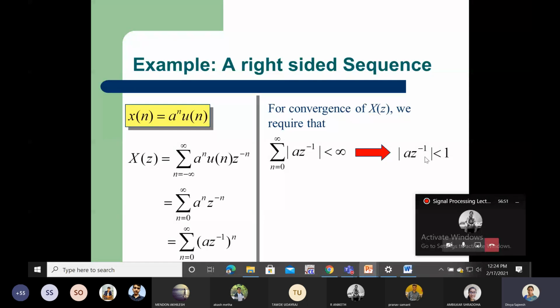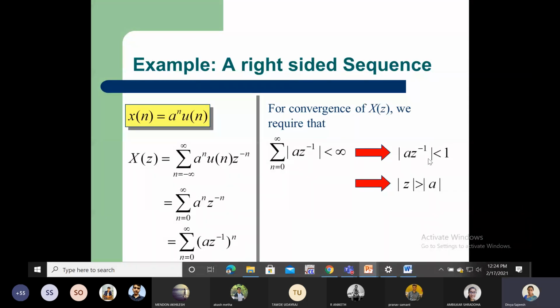So a z inverse should be less than 1, which means z should be greater than a, isn't it? a by z should be less than 1. So z can be written as greater than a. It is the same procedure, that is why I am skipping the steps.